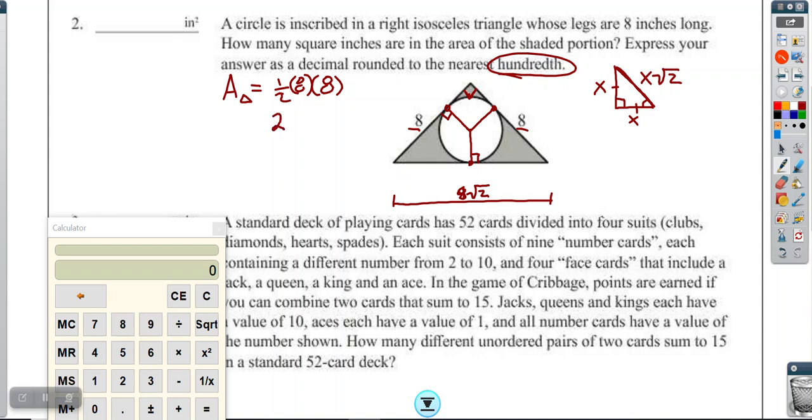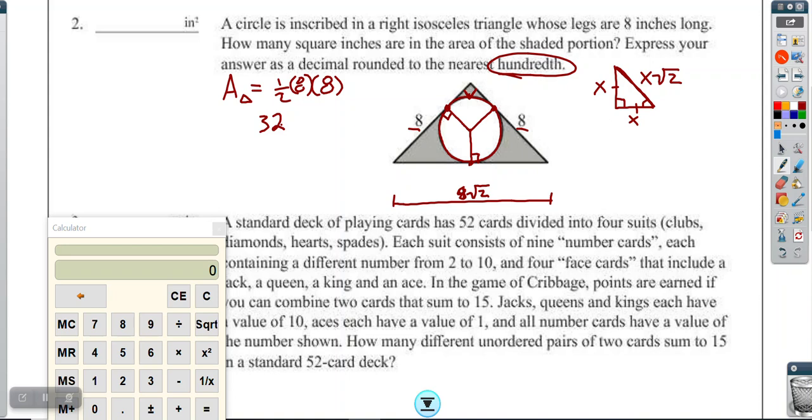So we know the area of the whole triangle is 32. But we have this circle, and we're taking the area of the circle out of the area of the triangle. So therefore, I need to find the area of the circle, and then once I find that area, I'm going to subtract it from the 32.